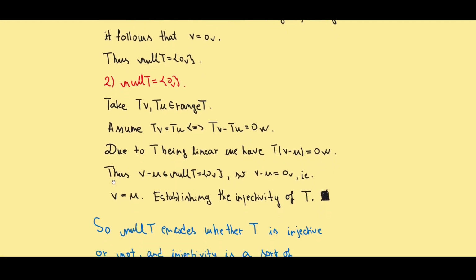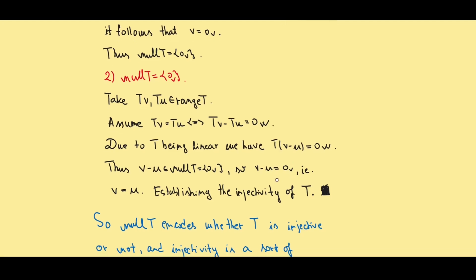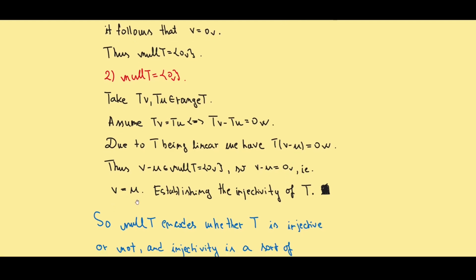Thus, v minus u is a vector such that it gets mapped to the zero vector. So it belongs to null T, and null T only contains the zero vector, so v minus u has to be equal to the zero vector, i.e. v is equal to u. So we assumed this holds, and we got to establishing the injectivity of T.